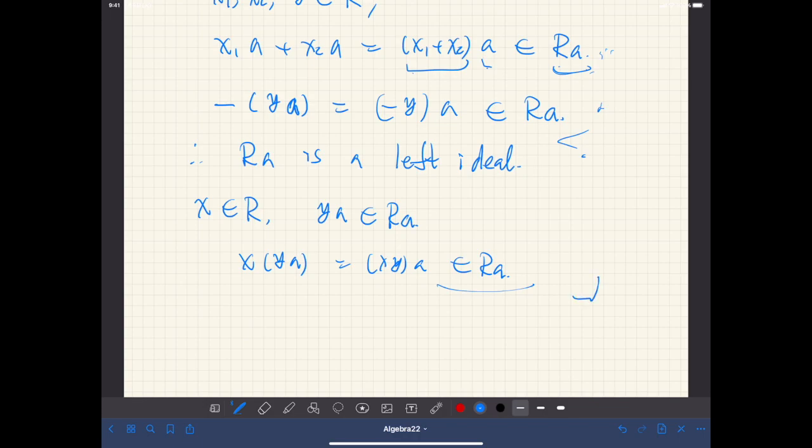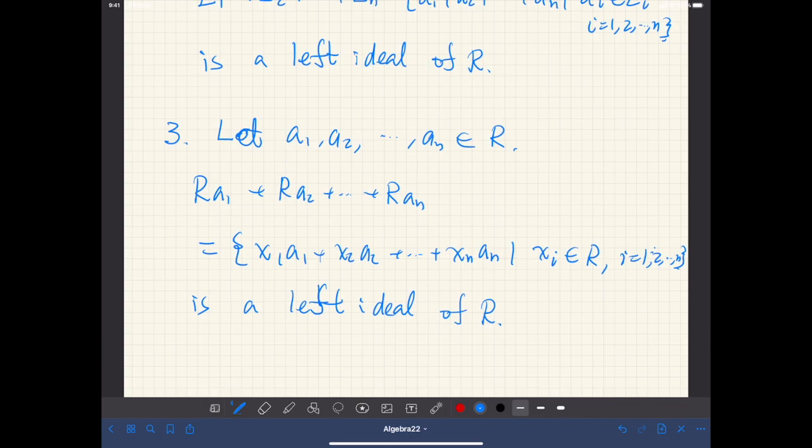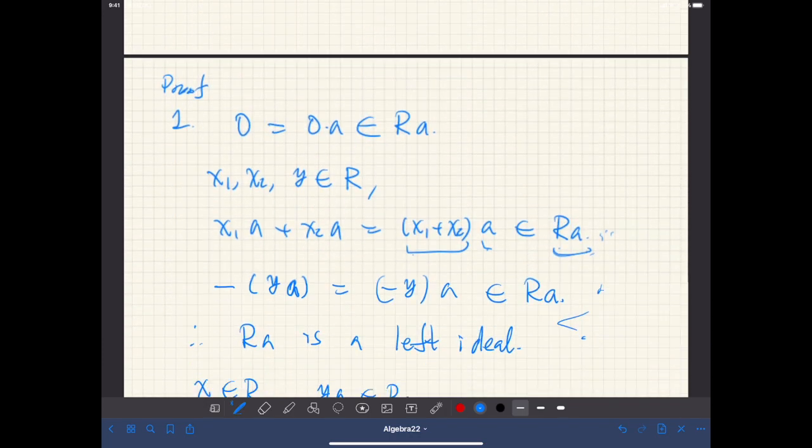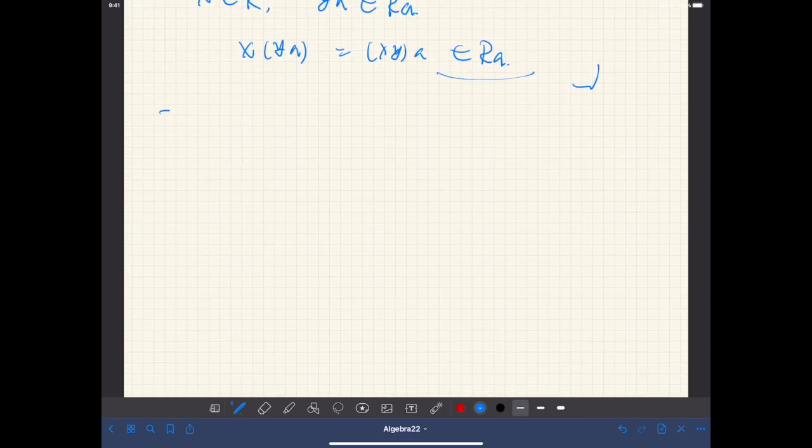For part 2, instead of dealing with n ideals, we just prove it for 2 ideals. For a general number of ideals, we can just use simple mathematical induction.